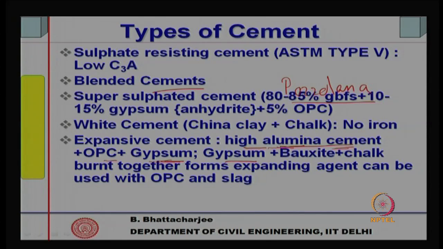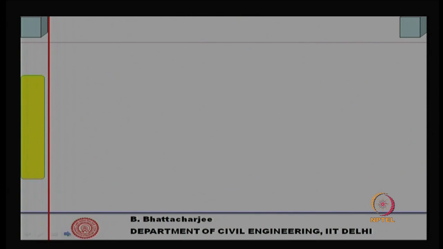Other compositions are gypsum, bauxite, which is aluminum ore, and chalk. They are burnt together, and this forms an expanding agent that can be used in OPC and slag. So, this is expansive cement. There are some lime based expansive cements as well.